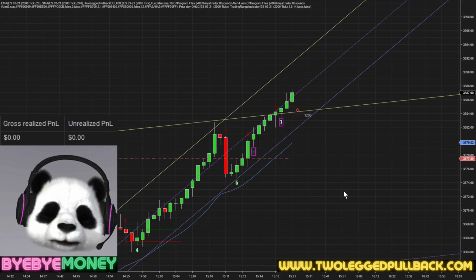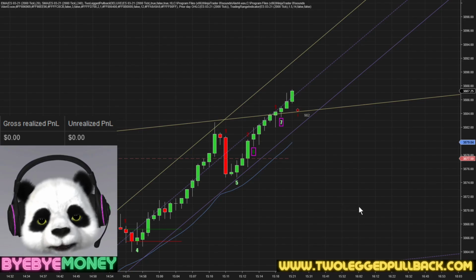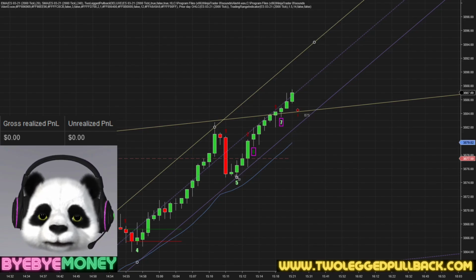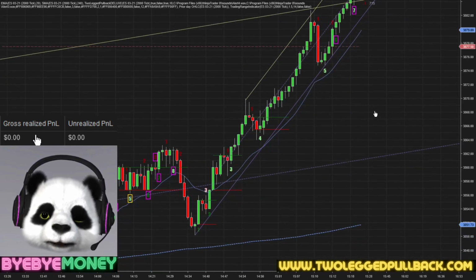The problem with bar by bar is that those clips are pretty long, because if you're going through every single bar and analyzing every bar, it just takes a long time. But that came in second place, so I'm thinking maybe one day a week I'll do the bar by bar, and the other days I'll just try to do some live scalping here.